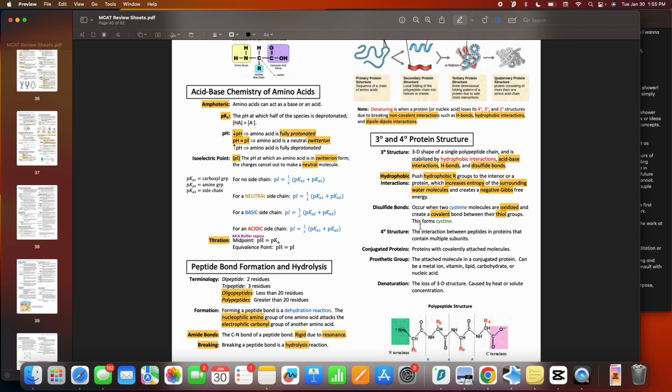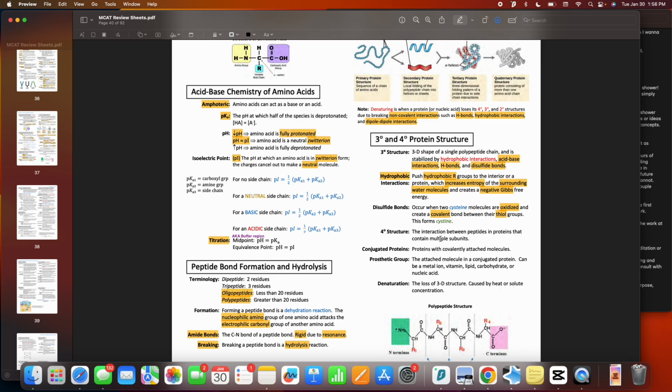Then we have quaternary structures, but still we didn't talk about the acid-base interactions and hydrogen bonds in 3D shape proteins, which we can come to later. Quaternary structures are formed by the interaction between the peptides in proteins that contain multiple subunits.